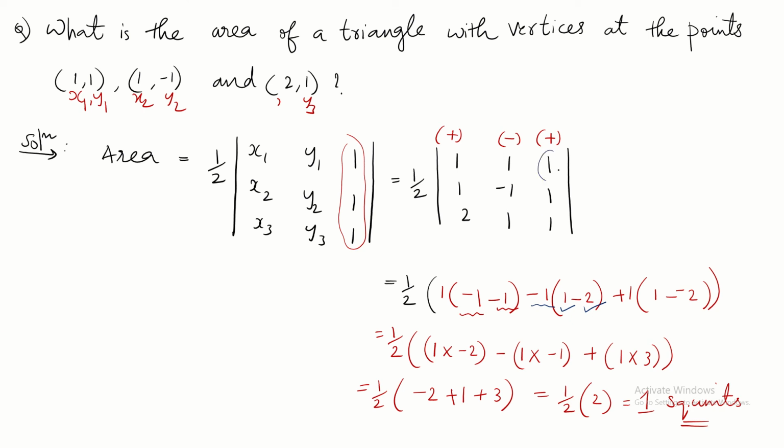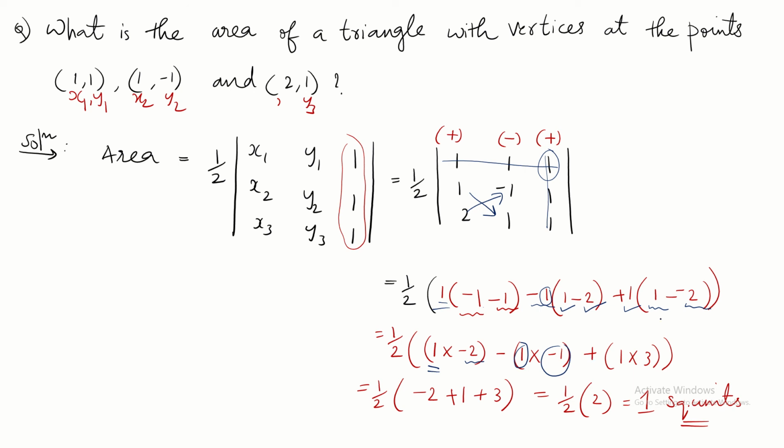Next, plus 1 here, plus 1. I'll ignore this 1, 1 into 1, 1 minus 2 into minus 1 minus 2. So half, 1, minus 1, what is it, minus 2 in a bracket. So this should be multiplication. Minus 1, minus 2, minus 1, which is inside the bracket. So this is multiplication.